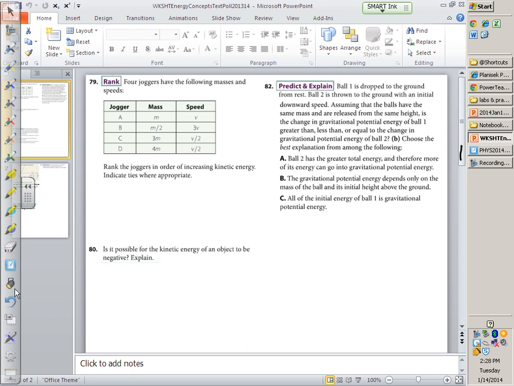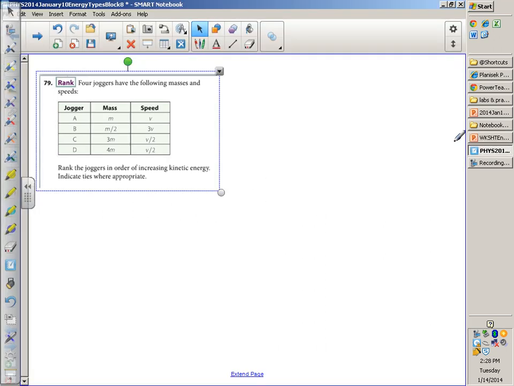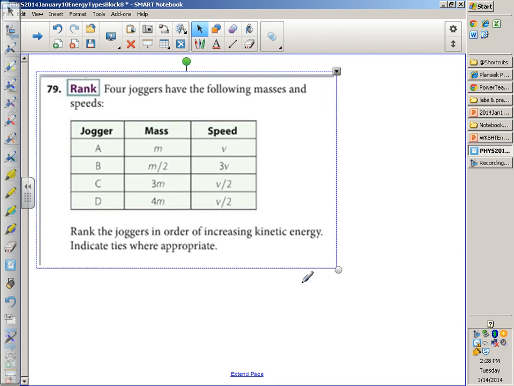So the first question, number 79 here, gives you information about 4 different joggers. It gives you different masses and different speeds. Now notice it didn't give you any numbers, it just gives you how those masses are related to one another. So, the question asks, rank the joggers in order of increasing kinetic energy.